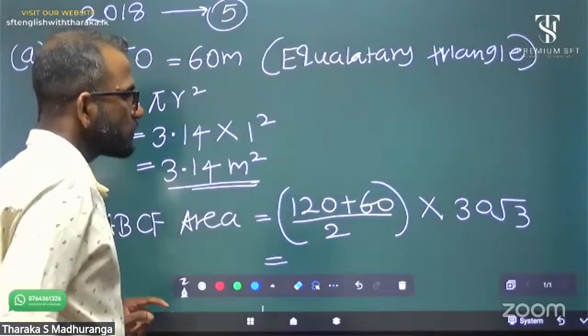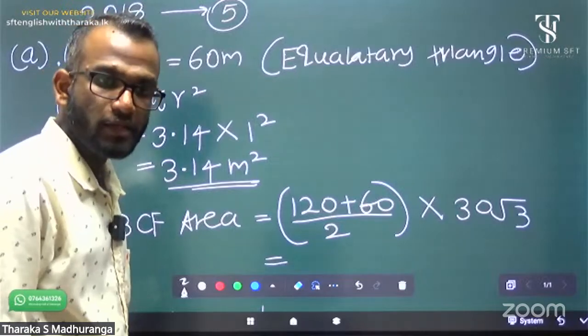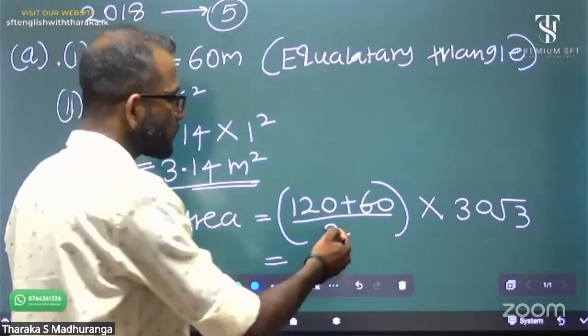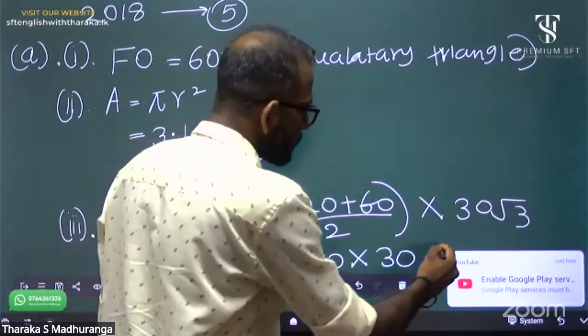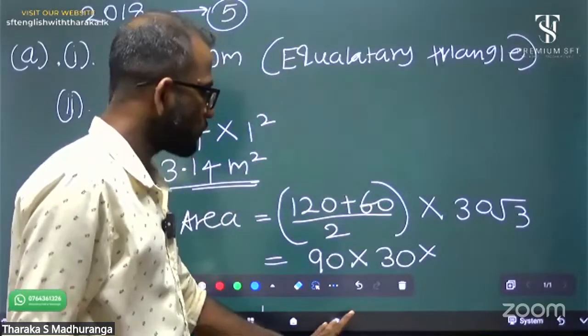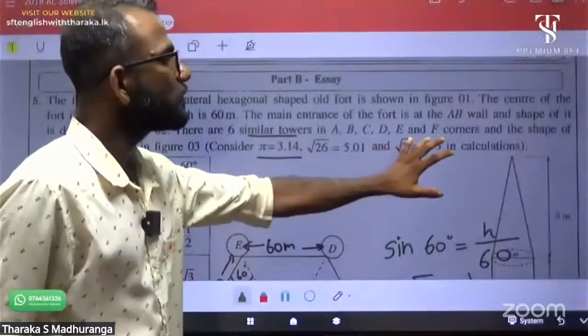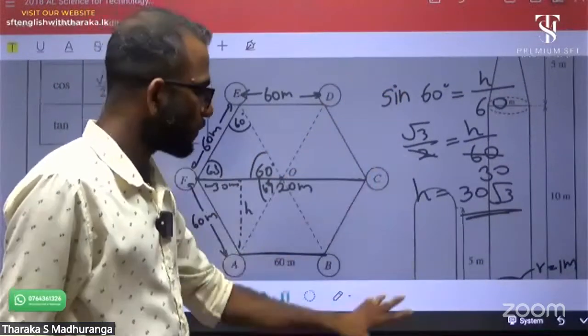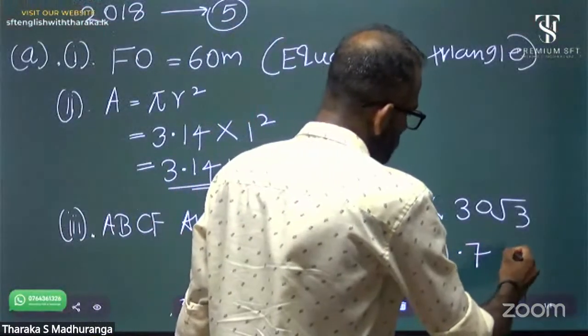Now how to get this? 120 plus 60 is 180. 180 divided by 2 is 90, into 30. The root 3 value is given as 1.73. Let's use that, 1.73.